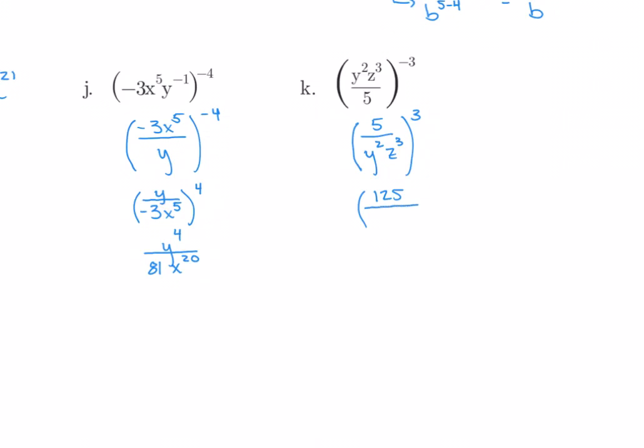We multiply our exponents, so we get y to the 2 times 3 is 6, and z to the 3 times 3 is 9. And I don't know why I have parentheses. We don't need them because this is our final answer.